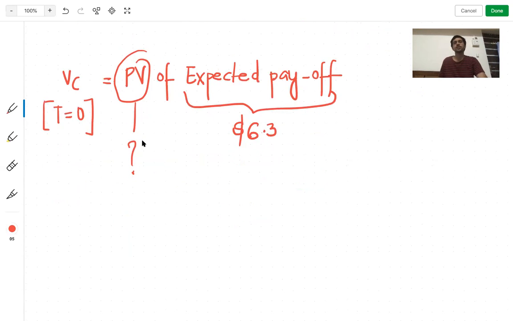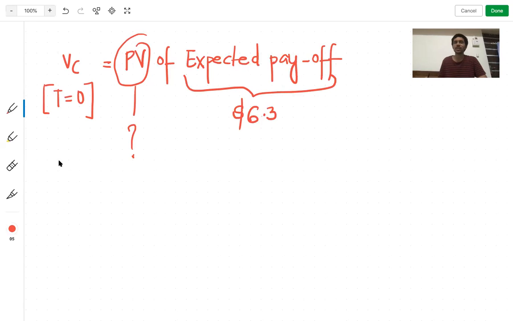But what we can do is, I know that the value of a call option today should actually be 4.27. I know the answer. Now I'm going to calculate the discount rate which is actually implied in this formula.